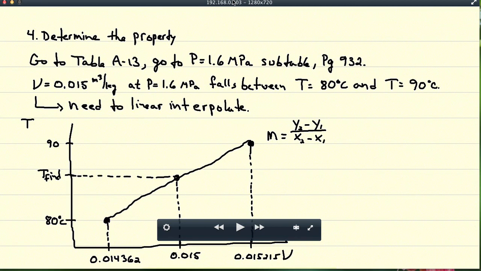And what we can say is that because the point that we're trying to find is on the same line between temperatures of 90 degrees C and 80 degrees C, the slope in this section, so I'm going to call this slope M1, is the same as the slope between these 2 points.